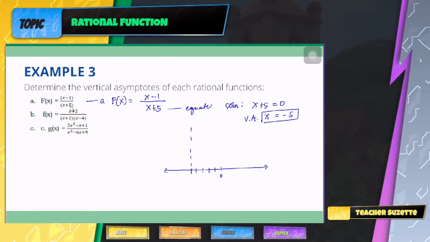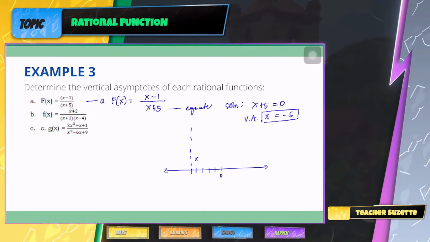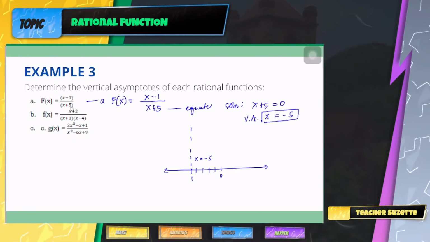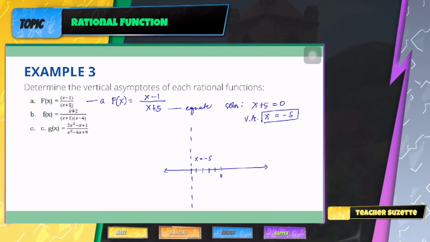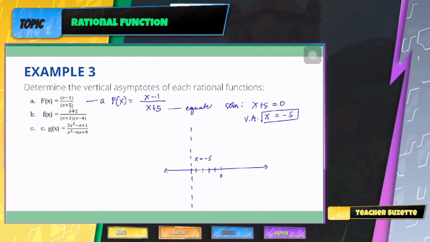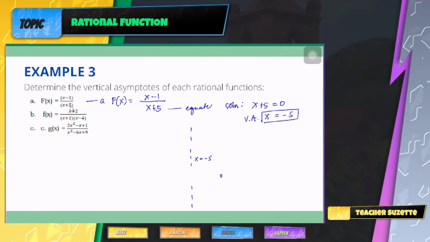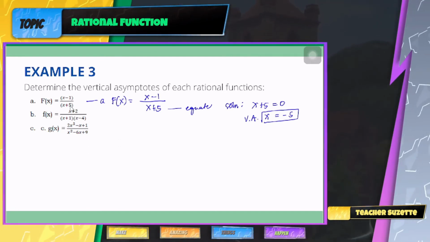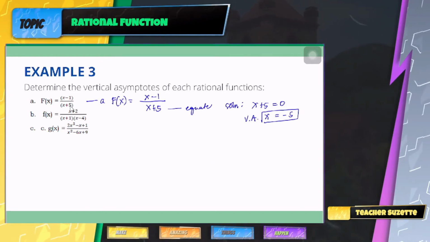This is the graph of the equation x is equal to negative 5. Your graph will approach this imaginary line but it will not intersect it. Sometimes we use a broken line when we sketch it.